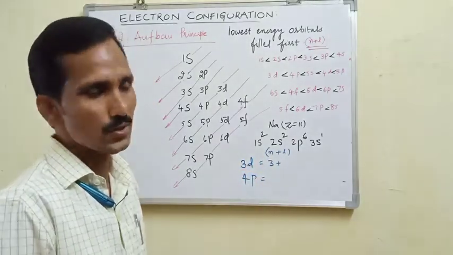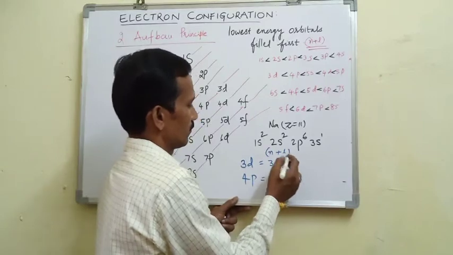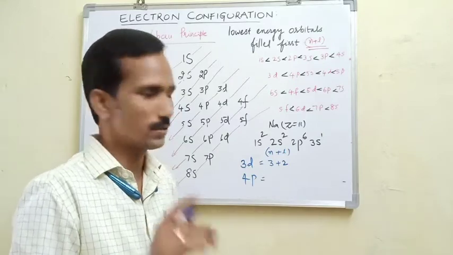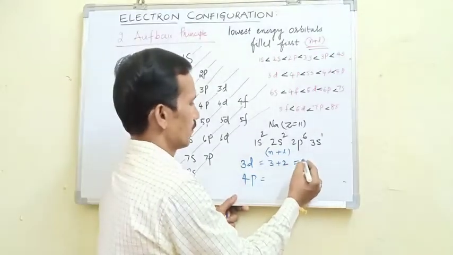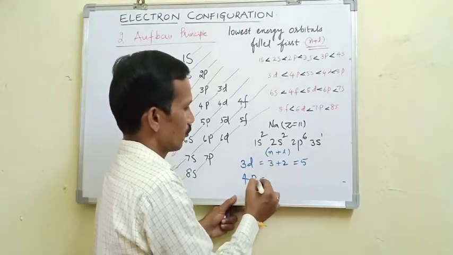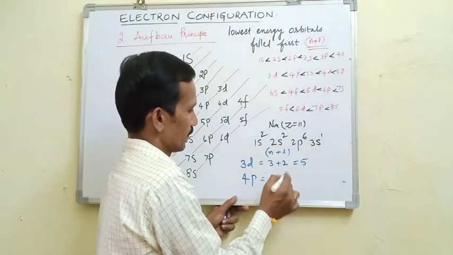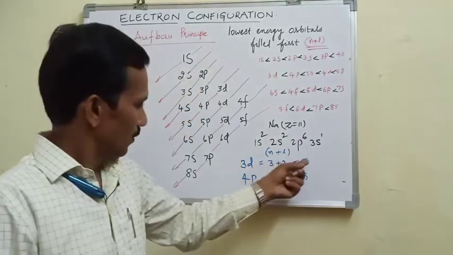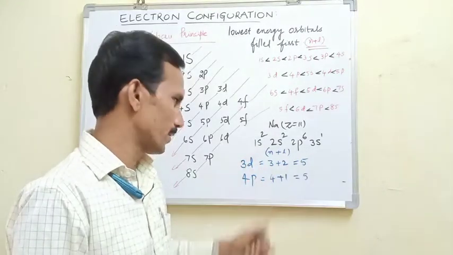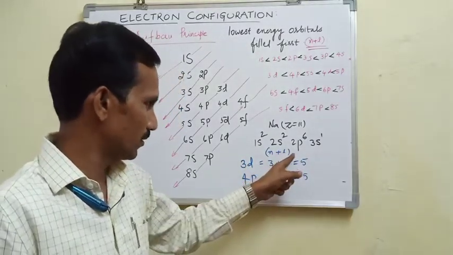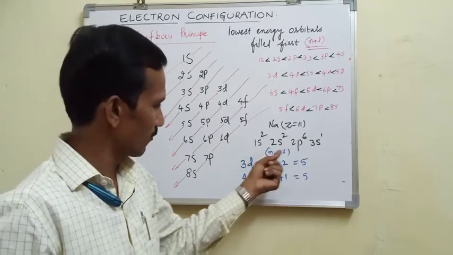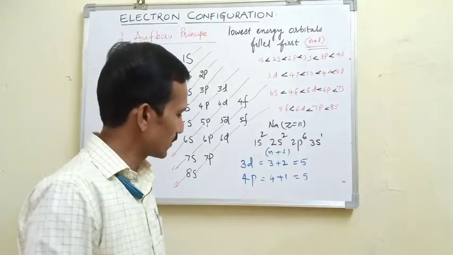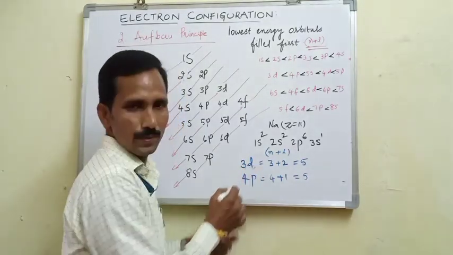For s orbital the l value is 0, for p orbital 1, for d orbital 2, for f orbital 3. So 3 plus 2 is 5. Next, in 4p the n value is 4 and for a p orbital the l value is 1, so 4 plus 1 is 5. So the 3d and 4p orbitals have the same n plus l value, 5 and 5. It is equal. Then in which orbital do the electrons fill, 3d or 4p?